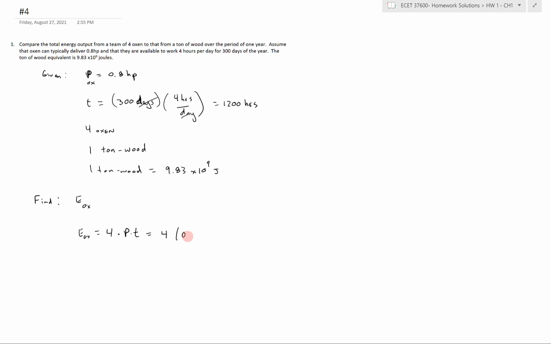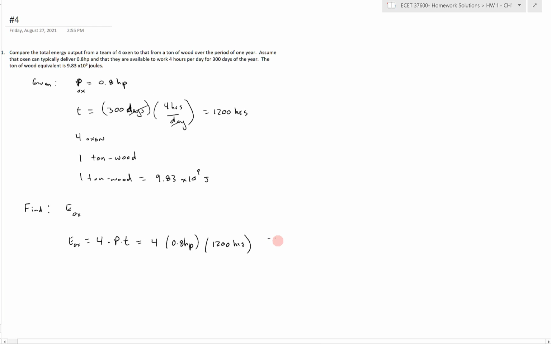The oxen were 0.8 horsepower each, and they were available for 1,200 hours. So if I multiply that out, 4 times 0.8 times 1,200, I get 3,840. You can see the units are going to be horsepower times hours, which is just HPHR, horsepower hour.